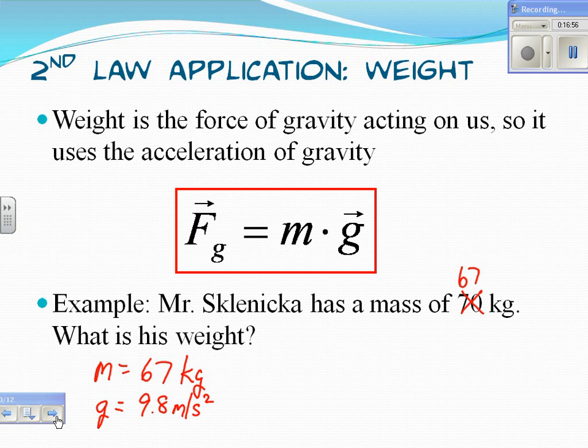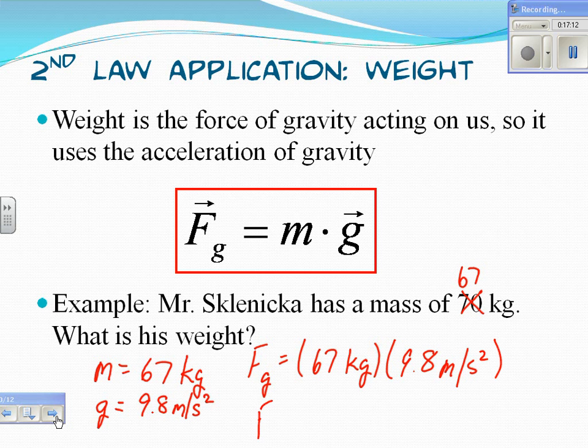It is negative, but again, for this problem, we don't have to worry too much about it. Force of gravity then acting on me, my weight, 67 kilograms times 9.8 meters per second squared gives me 656.6 newtons. And weight is measured in newtons here, just like any other force, because it is a force.